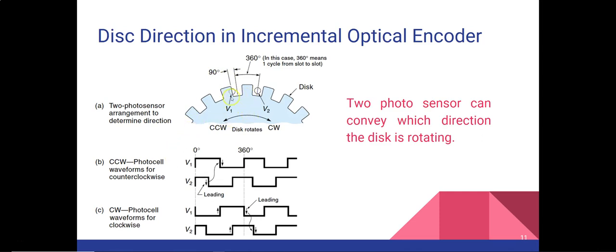If the disk moves in the counterclockwise direction, let's assume this point. What will happen? When it moves counterclockwise, V1 will be on. I'm assuming from this point it will rotate, so V1 is going to be on for this period of time, whereas V2 will be on for a little bit and then it will be off.